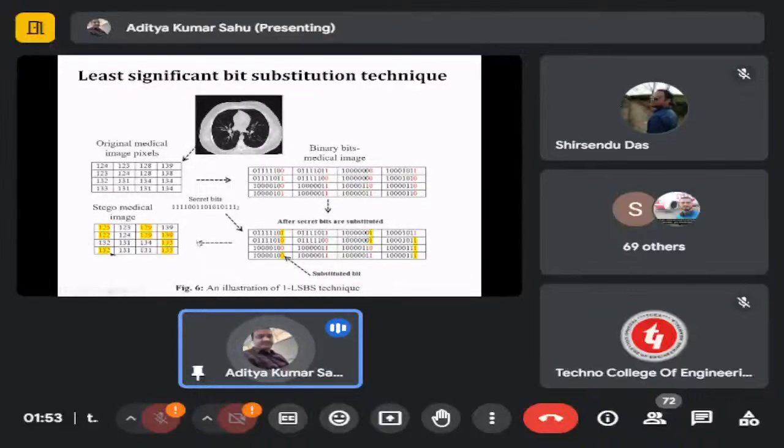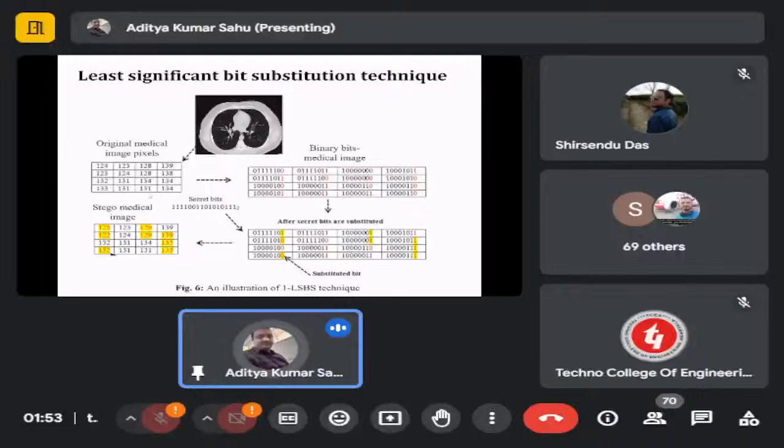Now, this new matrix is part of the stego image, corresponding to this cover image big block, right? So this is quite a simple and early use of this famous least significant bit substitution technique.